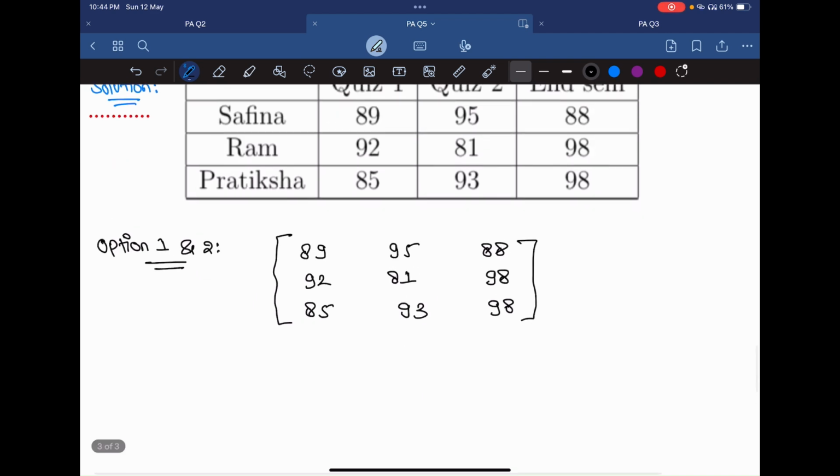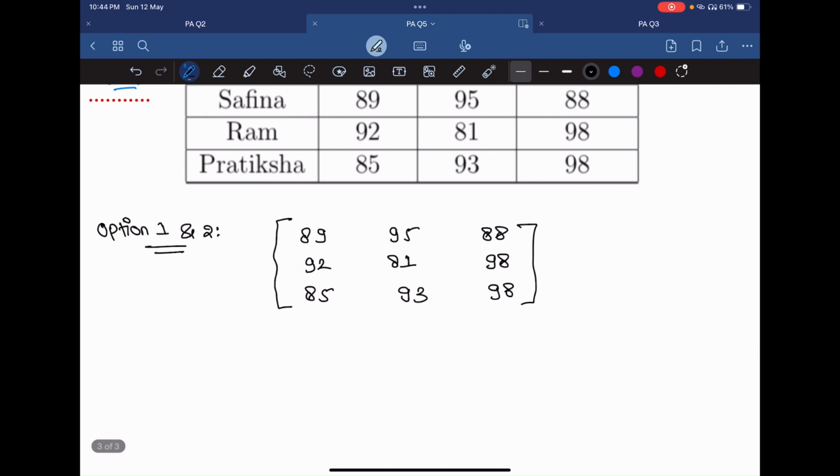Now, for final grade calculation, the weightage of quiz 1, quiz 2, and NSEM is given by this matrix.